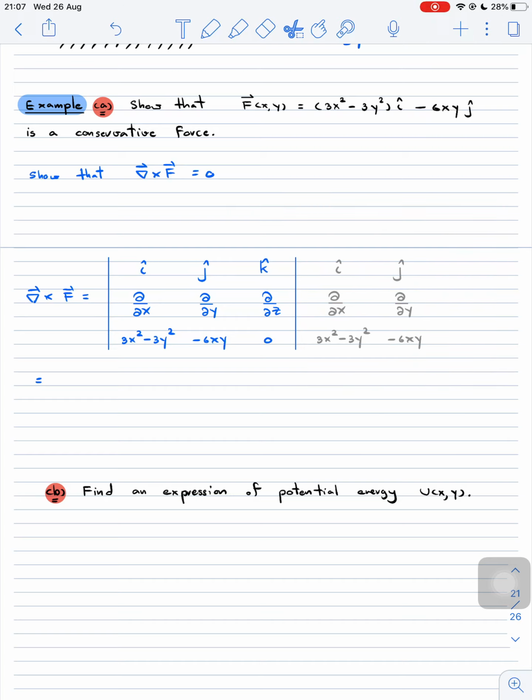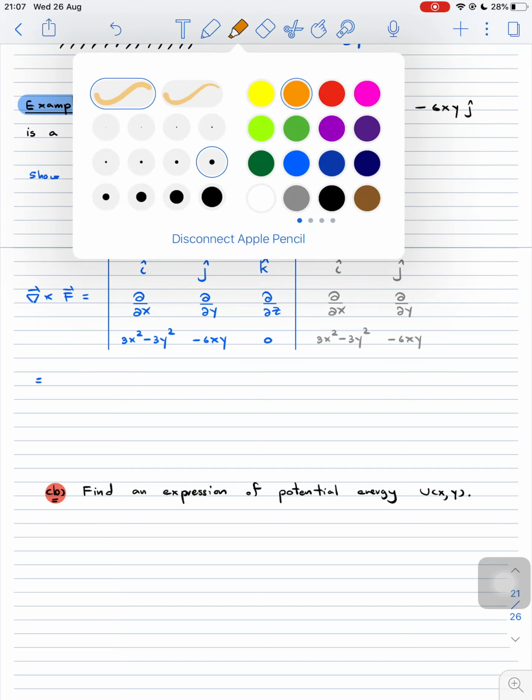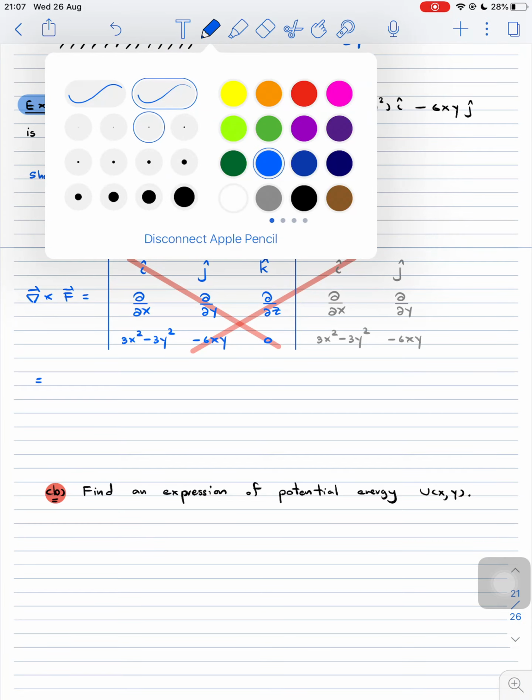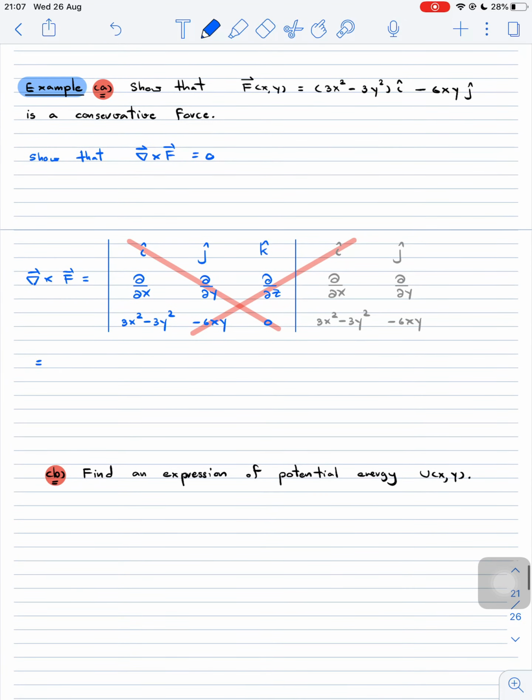Now for the i component, we should look at this one. For the i component, this one must be positive, and then this one must be negative. So we have unit vector i. Let's just start from this.